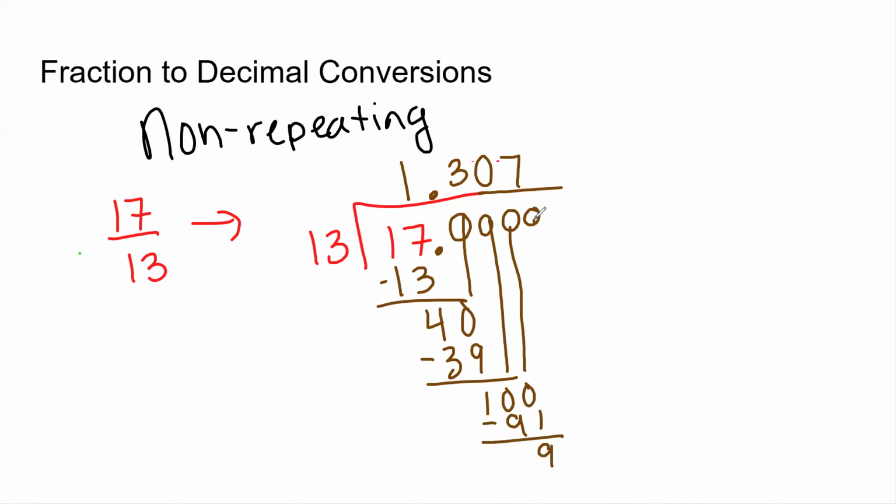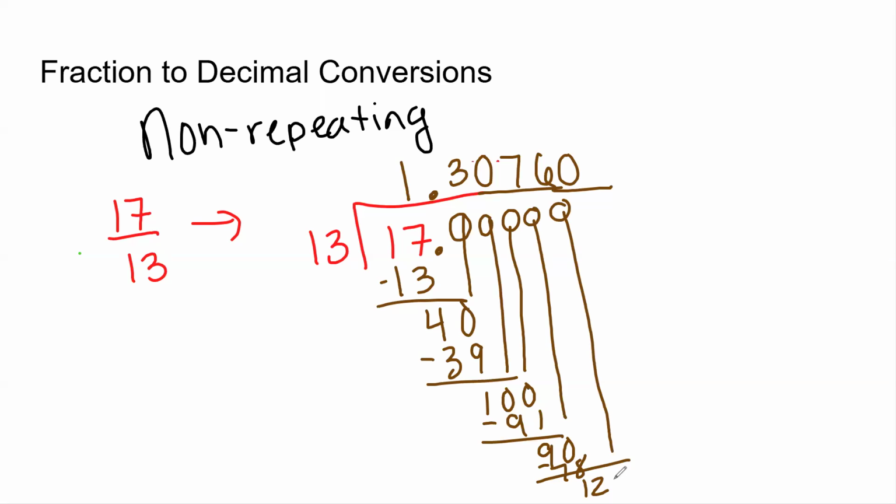Subtract. 13 goes into 90 6 times, which is 78. That's 12. 13 does not go into 12. So put a 0, put a 0. And see, we're not getting a pattern here. We could sit here all day and it just keeps going and going and going. So this is a non-repeating decimal.